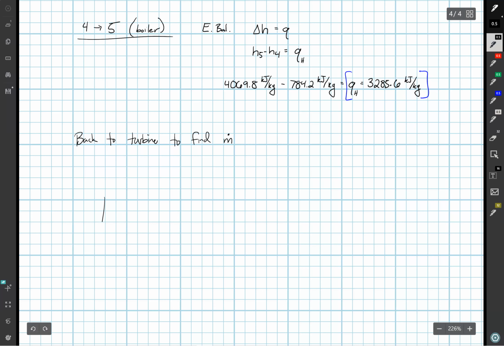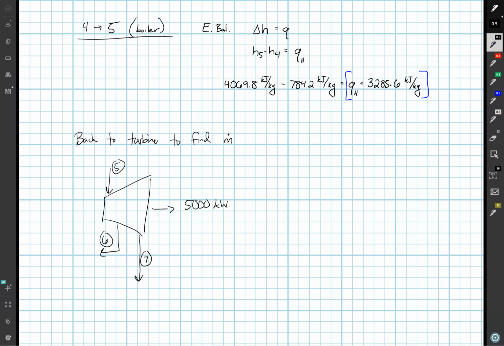I'll just draw a simple diagram here. So this is 5 megawatts, we'll just write it as 5,000 kilowatts. We have an inlet here, which was stream 5. Then we have 2 outlets. The first one, stream 6, goes to the feed water heater, and the second one is stream 7.